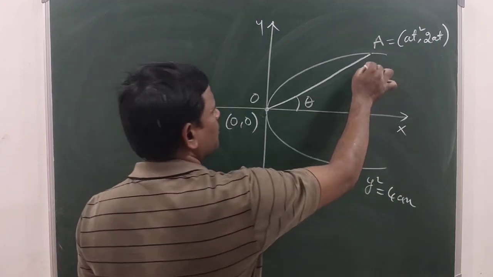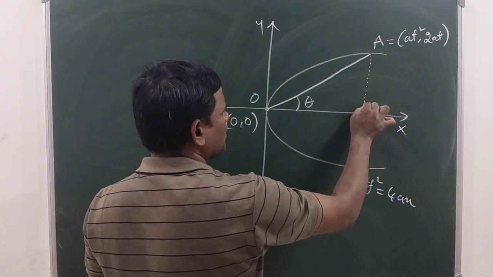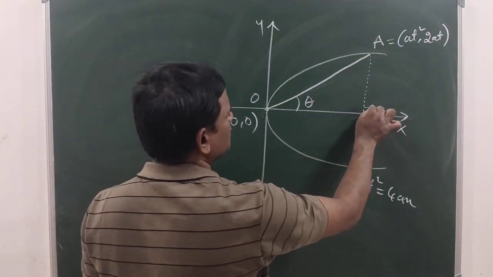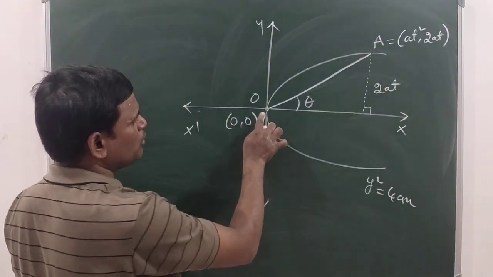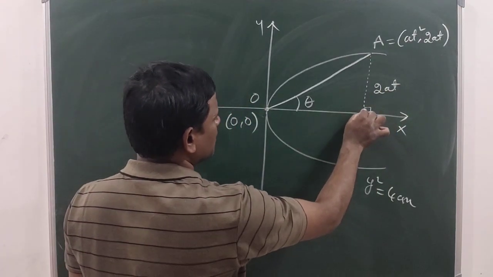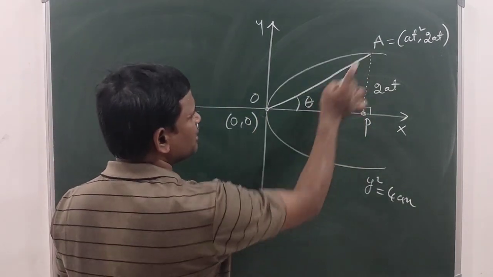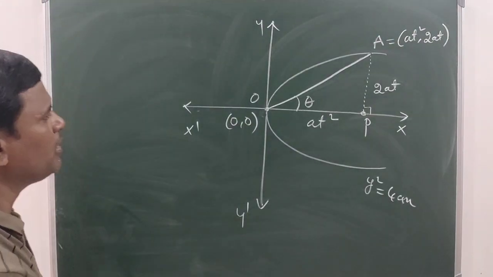So in the next step, we want OA length, but here I am taking some construction. I am dropping a perpendicular from A to this axis. That is how much? 2at. Consider this point as P. So O to P length is how much? at square.